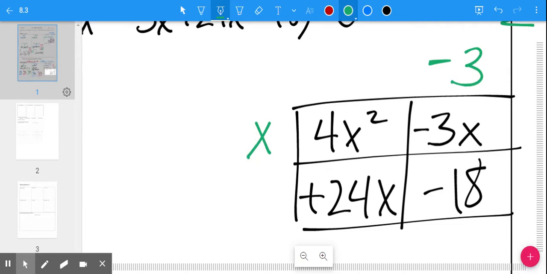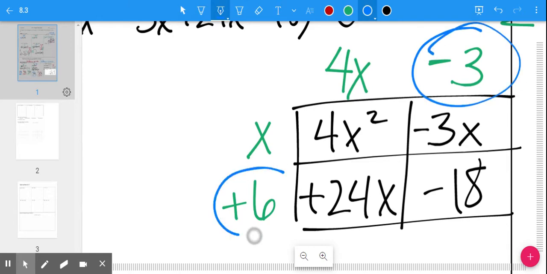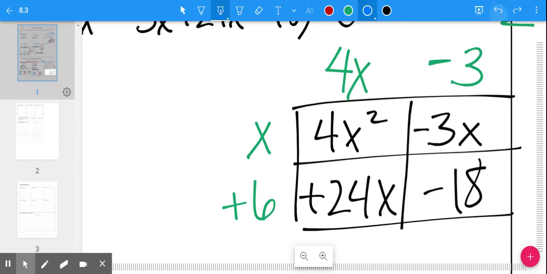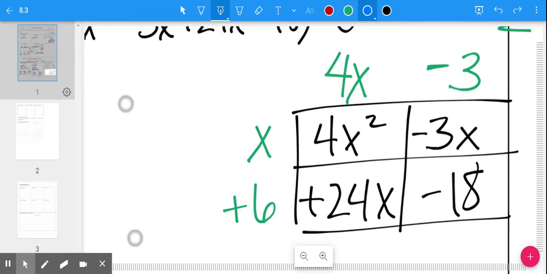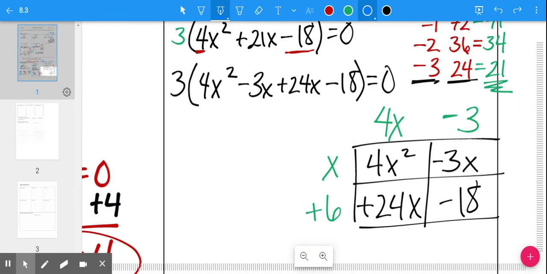Then to make a 4x squared using an x, I have to multiply it by 4x. And 4x times positive 6 gives you positive 24x. Just to double check, negative 3 times positive 6 is negative 18. Remember to always go back and make sure your area model, your box, works every time.